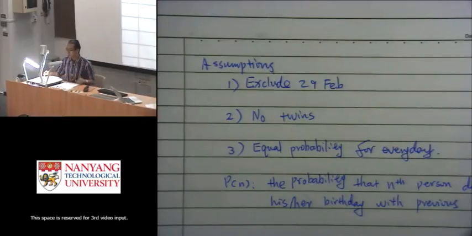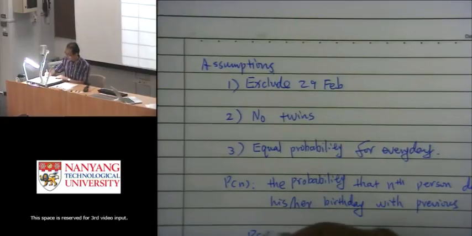And the previous n-1 people, we also assume they don't have the same birthday, okay? Then we can see what's the probability that we only have one person.